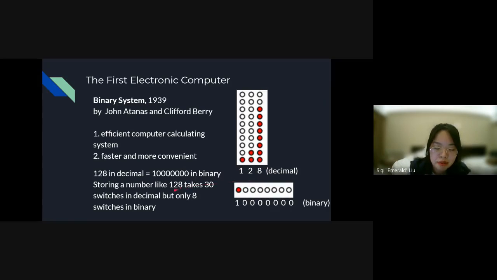However, in binary, because we have the on-off states, we only need 8 switches to store this number. So from 30 switches to 8 switches, it is a lot more efficient and just faster for the computer to process. And after this binary system, digital computers were forming and building up slowly.